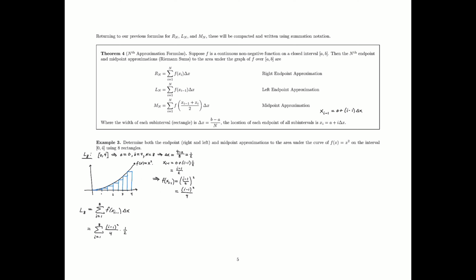So now, much like with a limit and with a derivative, we can factor out any constant multiples. So here we've got a 1/4 times a 1/2. So we could pull this out to have 1/8 the sum from i equals 1 to 8 of i minus 1 quantity squared.